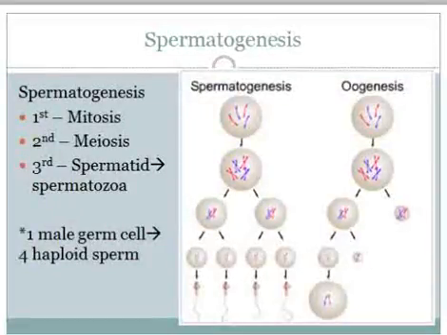So spermatogenesis, we have three main phases. So we have the mitosis, and then meiosis, and then there's the spermatid turning into the spermatozoa.